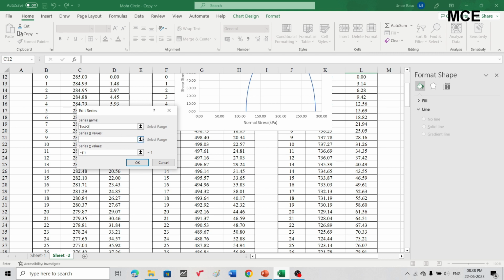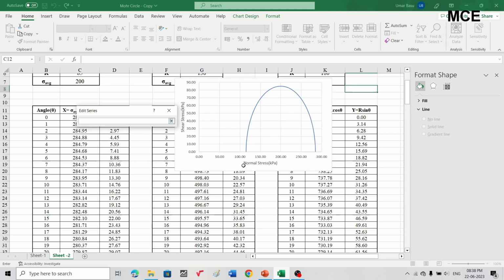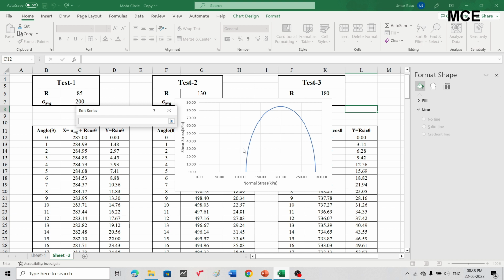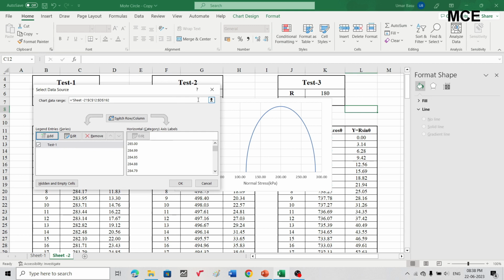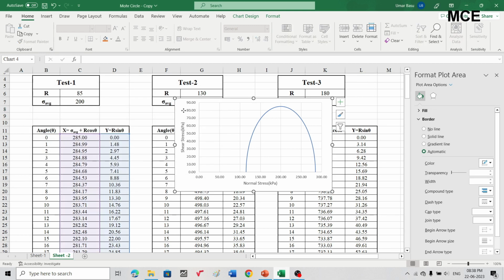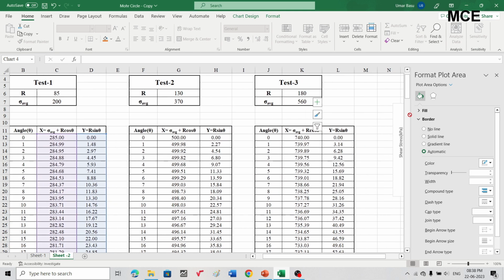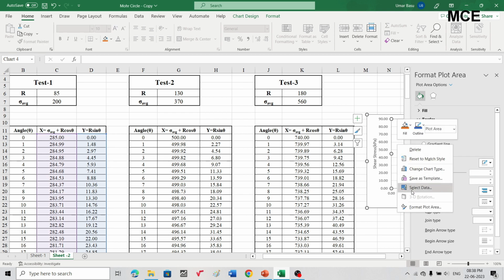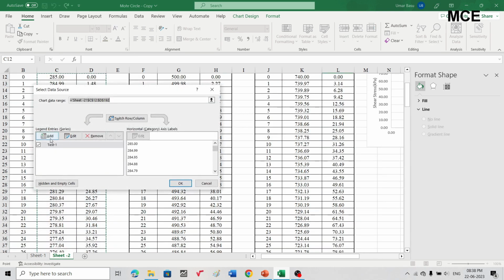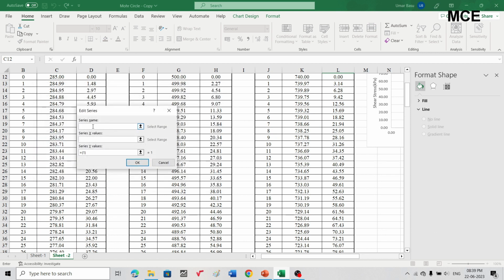Then you will select the x coordinate values for the second test. First you will move this chart to here.